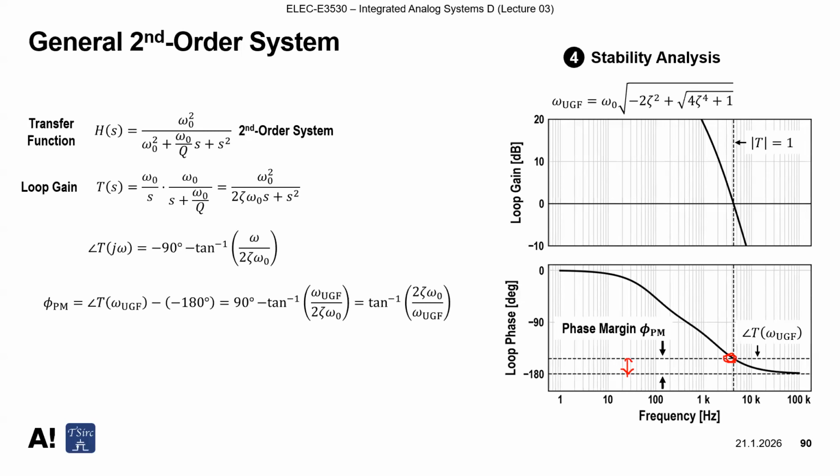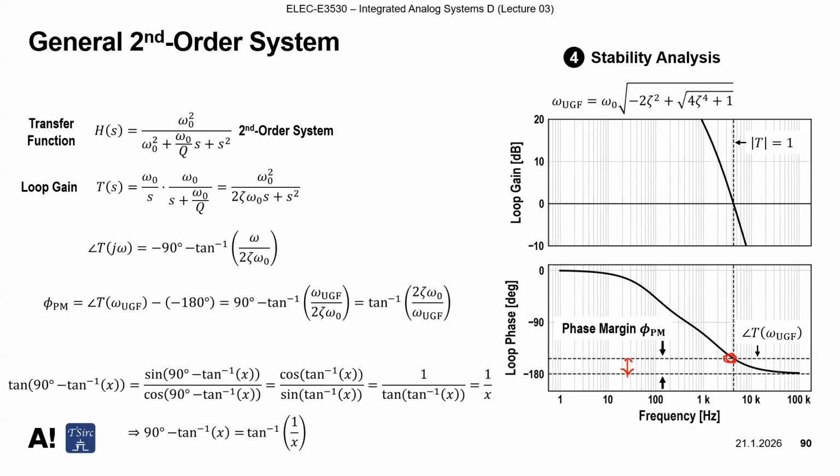That goes to 90 degree minus arctangent that we derived before here, omega over 2 times theta omega 0, and when we plug in omega equal to the unity gain frequency, then we get this. And then 90 degree minus arctangent goes to arctangent. This is because of this equation.